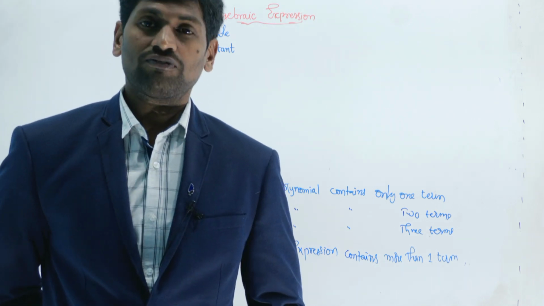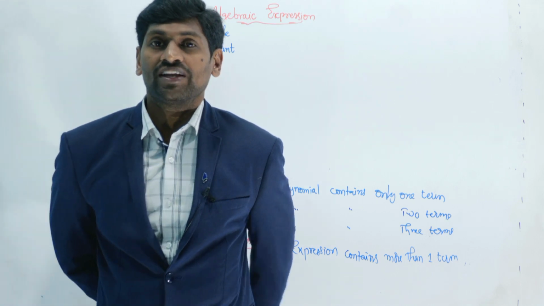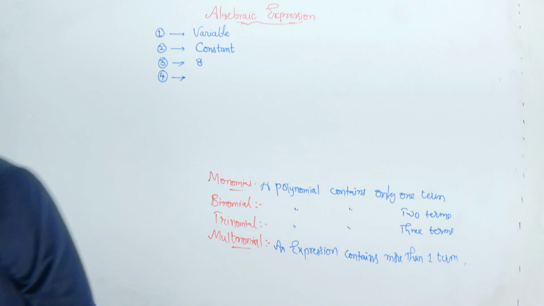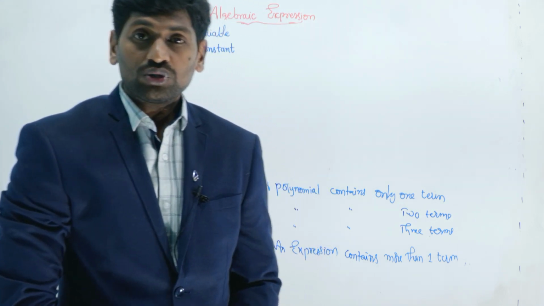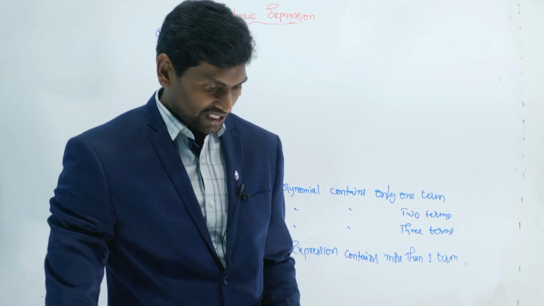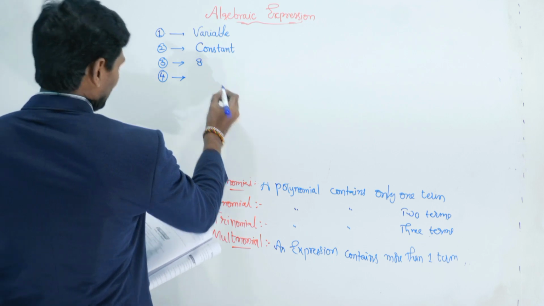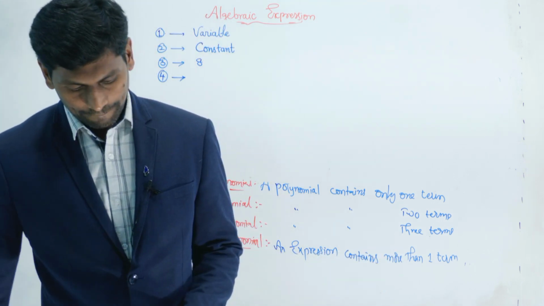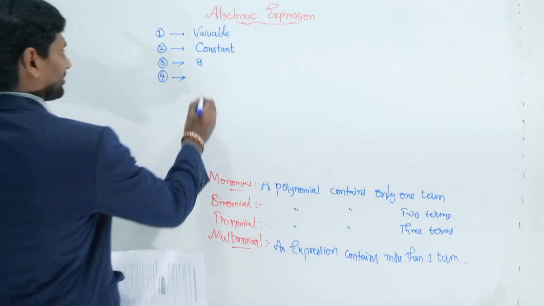Next, which of the following is a monomial? A polynomial having exactly one term is called a monomial. So we have to go through the options: x square y cube plus z, x square y cube z, y cube plus x.